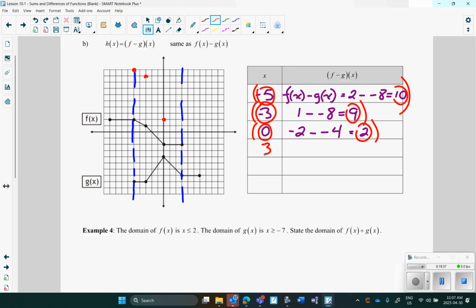So at x equals 3, f of x is -2 again. Minus -3, we've got -7. Right? Yeah. That gives us 5. So we get 3, 2. So it's going to look like that. Very, very different looking.